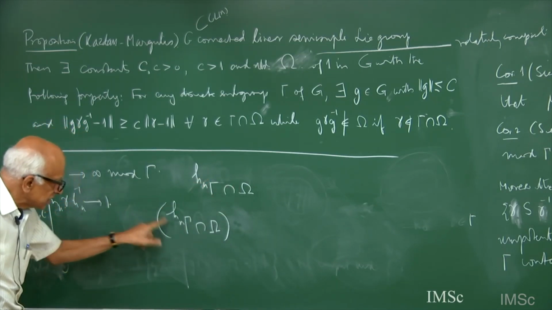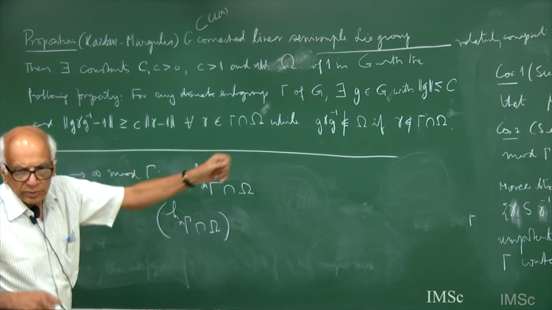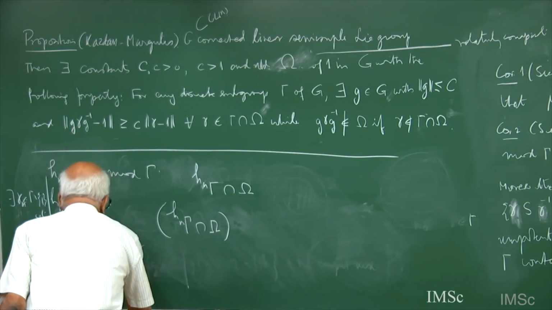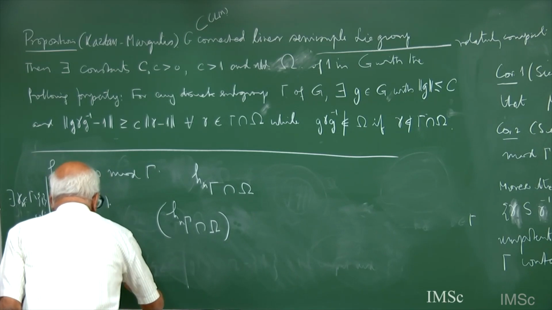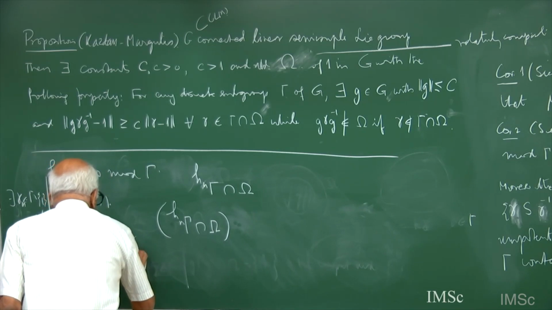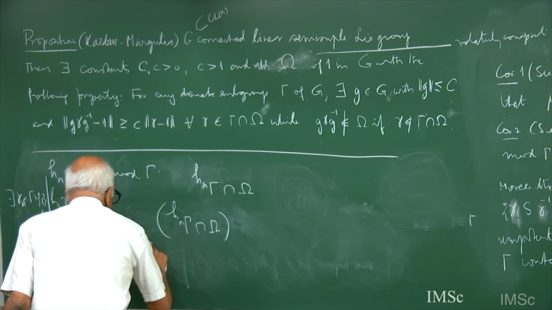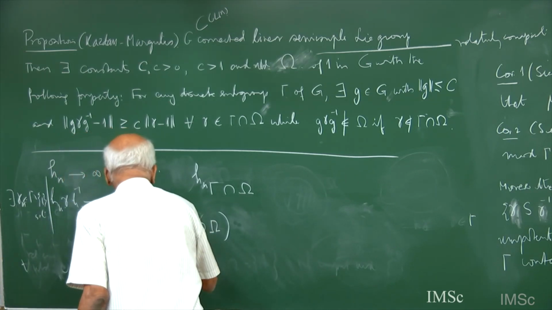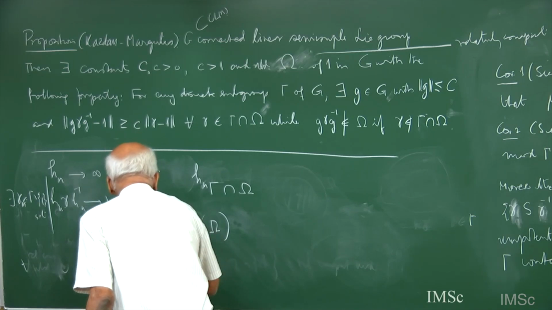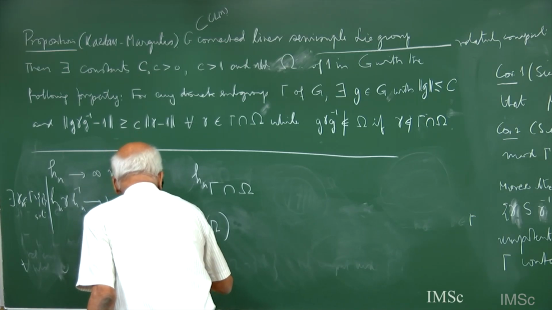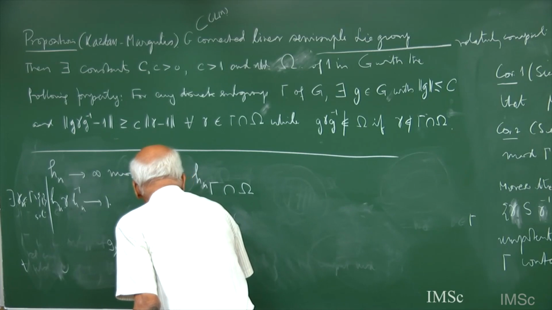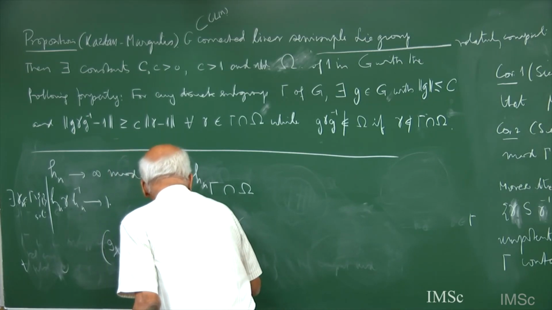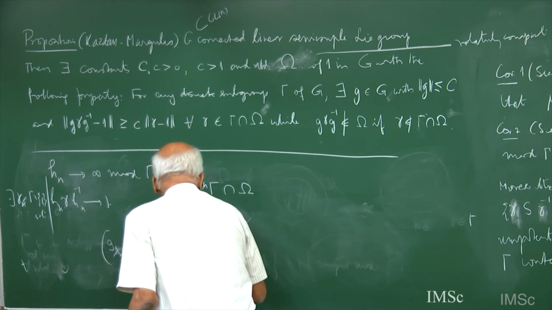Now, on this you start this pushing argument, pushing out and keeping out argument. So you find g lambda n minus 1, etc., g lambda n, g1 hn, gamma intersection omega reduces to 1.